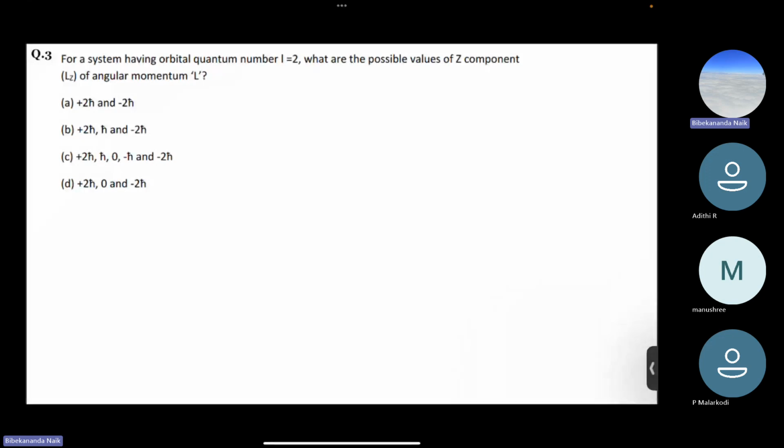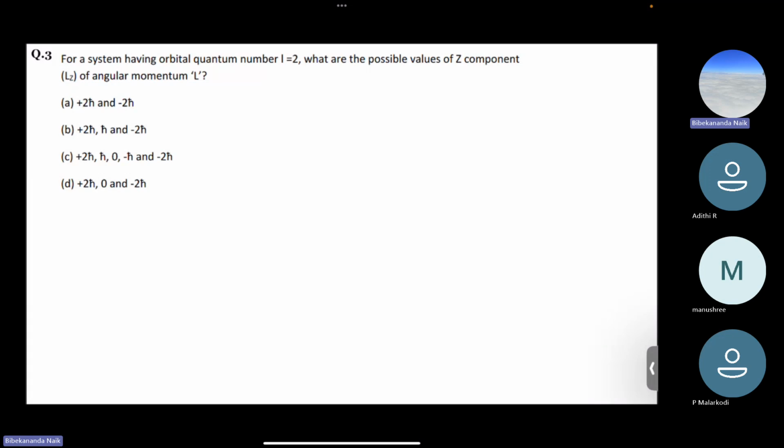If you remember, during the initial part of today's interaction session, we talked about a number of quantum numbers, and we talked about the quantum number L. For one value of L, we had 2L plus 1 ml values.